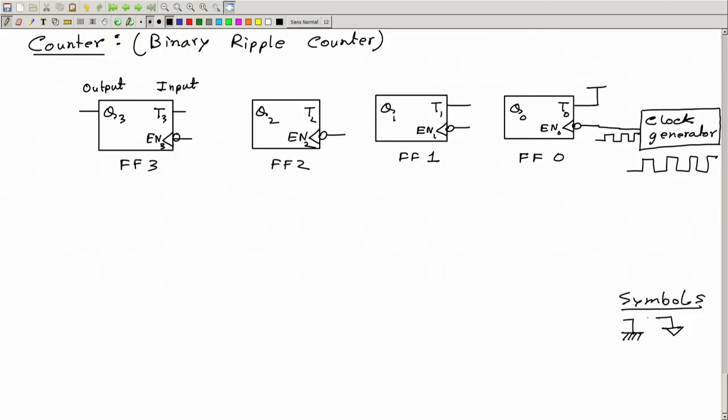In case of digital circuits, this represents logical low. Similarly, logic high can be represented with this symbol, with a bar like this. So this is the symbol for logic high.